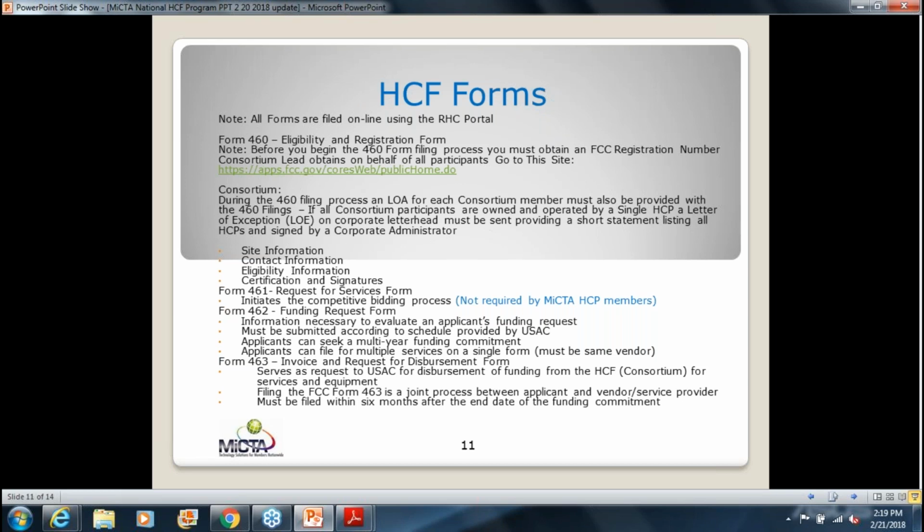And the applicant must make sure that they have provided all of the invoicing 6 months after the end of the funding cycle.